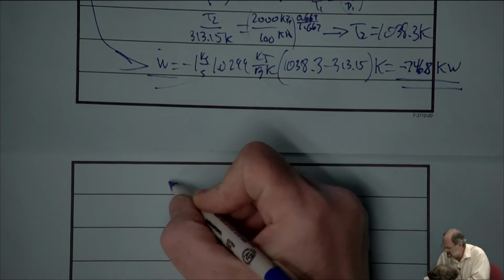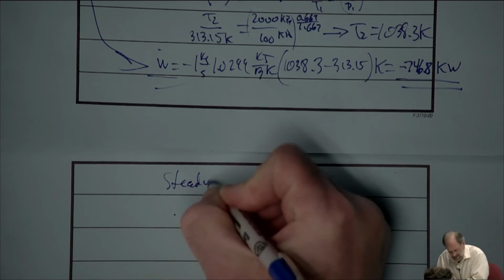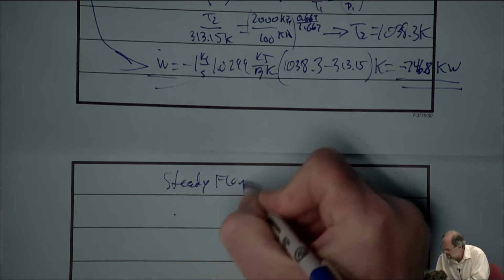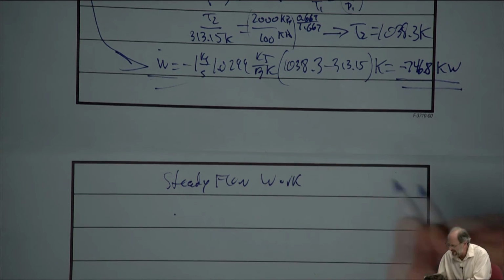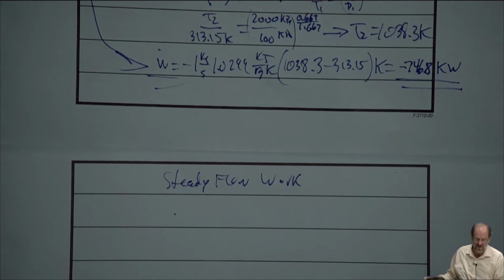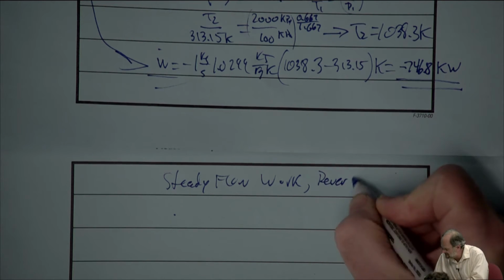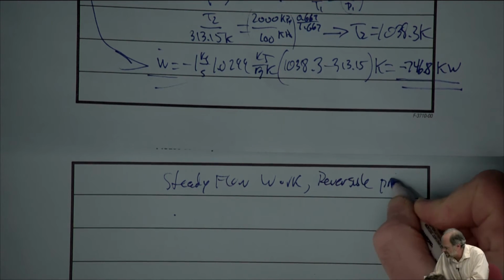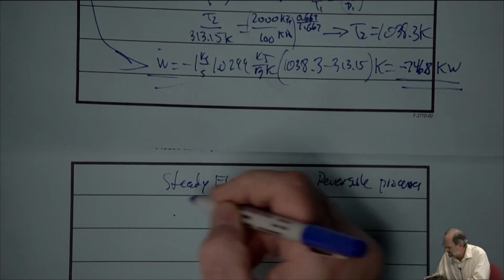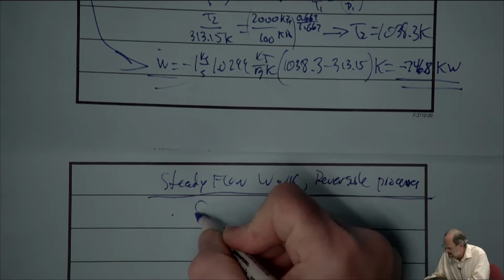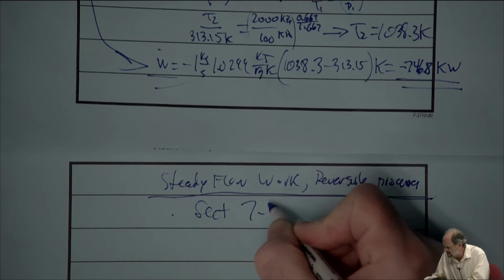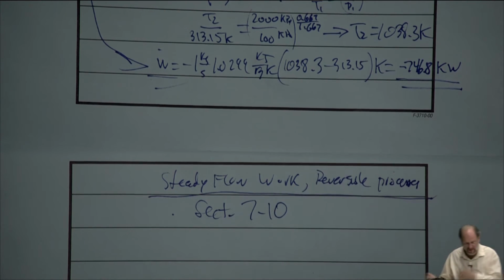So this section is called steady flow work, or sometimes called work for reversible steady flow processes. And this specifically applies to reversible processes. So again, this is in section 7.10 of your textbook.